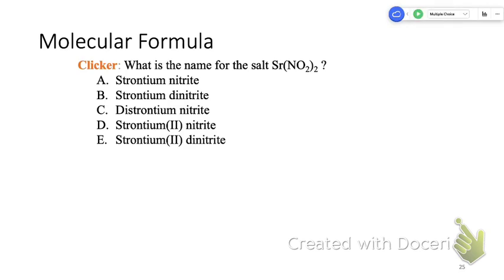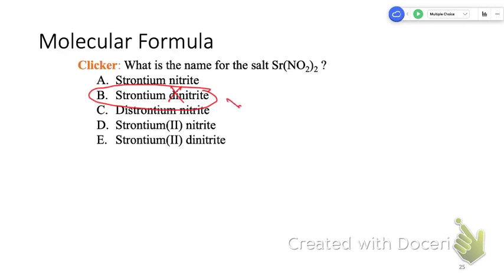We are split mostly between answers A and B. Which one is right? You literally hear A and B being yelled out. This answer follows a certain kind of naming that is used only for non-ionic compounds. If we have ions, we do not say di the anion.